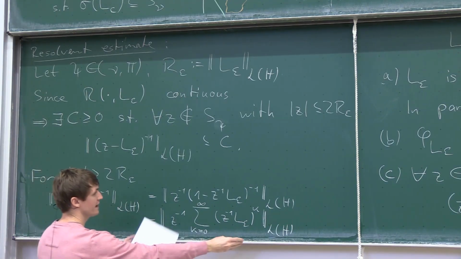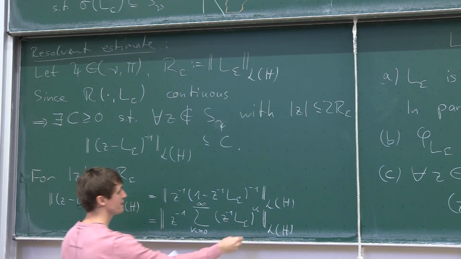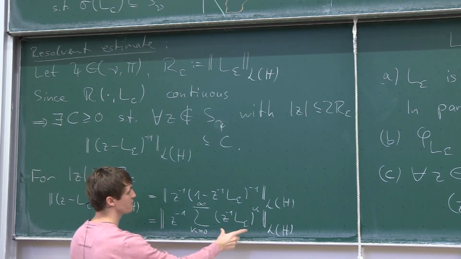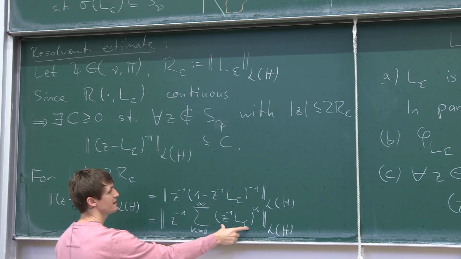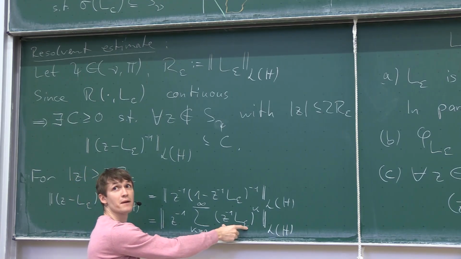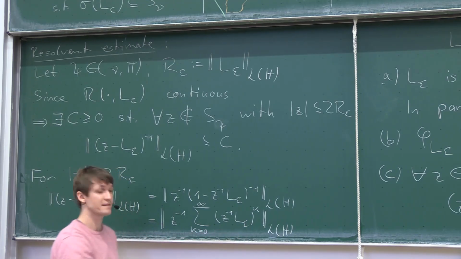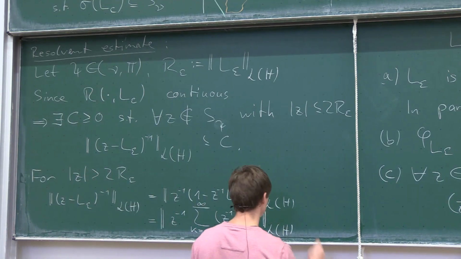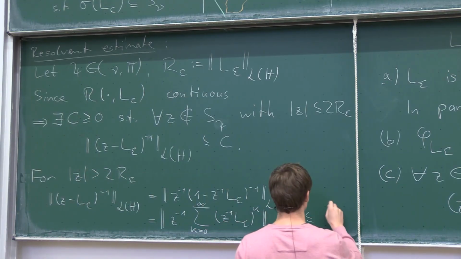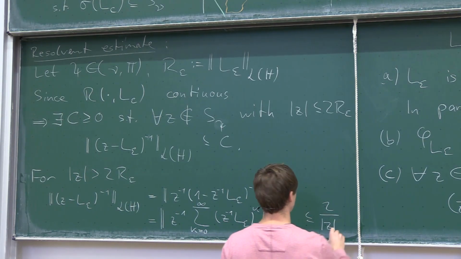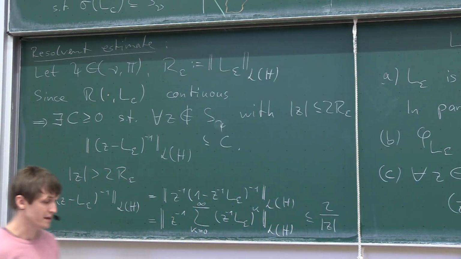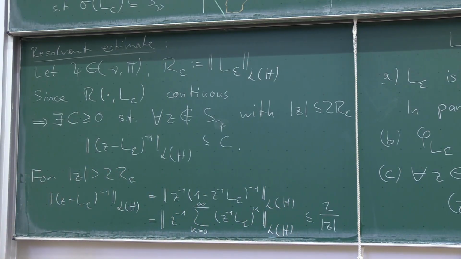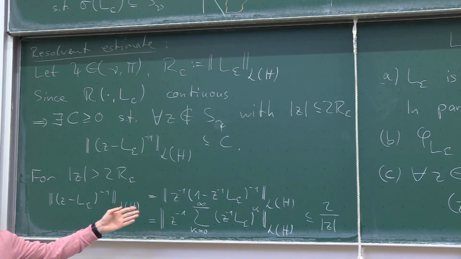Okay, and then I use a triangle inequality, and I can estimate each of these operator norms here by 1/2, and this gives me a geometric series, which means that altogether this is less or equal than 2 over the modulus of z. Okay, and this is exactly the resolvent estimate.